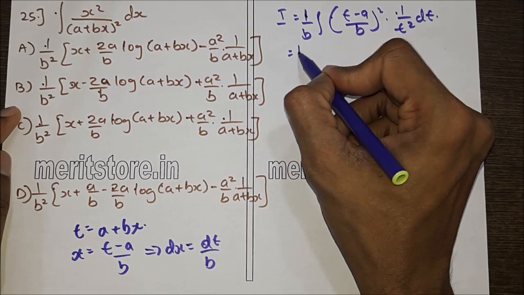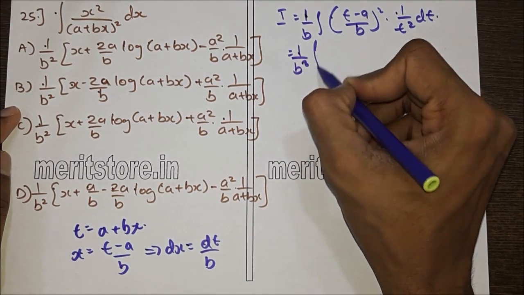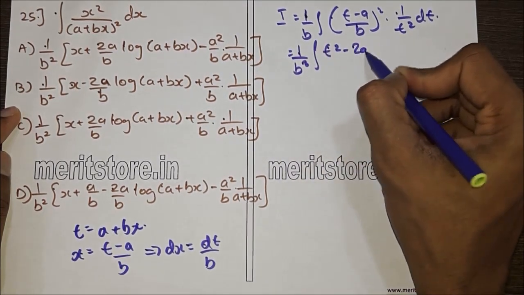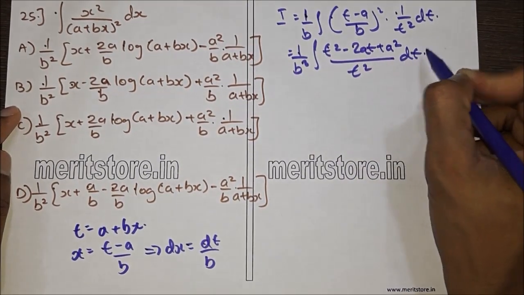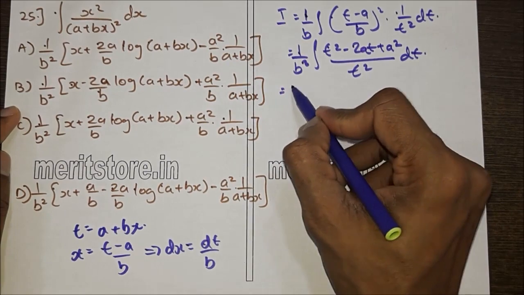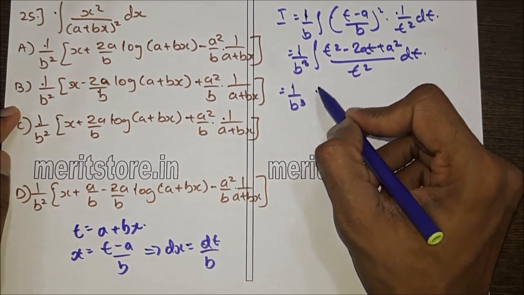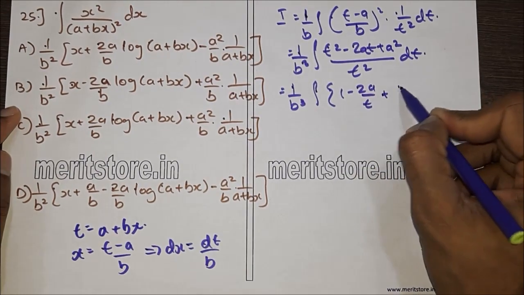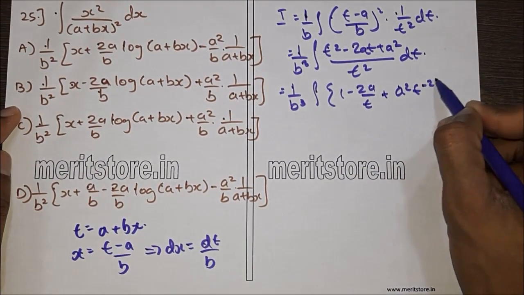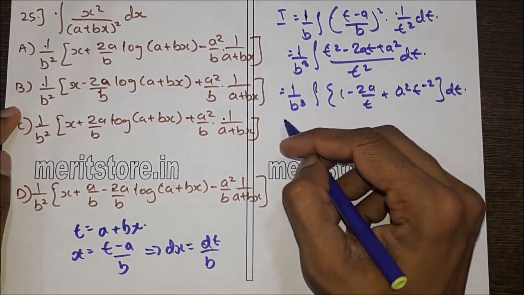Therefore, we can write this as 1 upon b cube integral t square minus 2at plus a square upon t square dt. You can write this as 1 upon b cube integral 1 minus 2a upon t plus a square t raised to minus 2 dt.